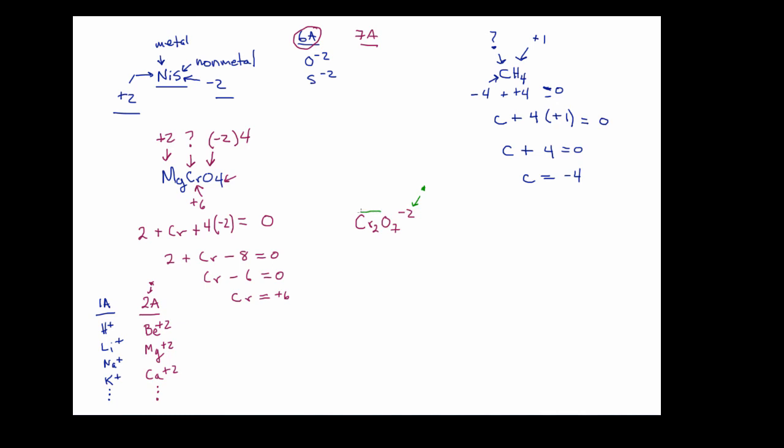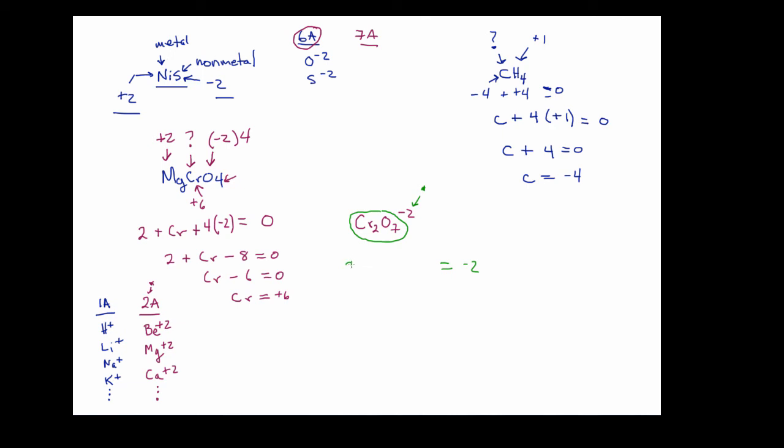So when we add together the oxidation numbers, or the charges of the elements that are in here, they have to sum to equal this charge. So our equation is going to be equal to -2. That's the key with an anion, or a cation for that matter.